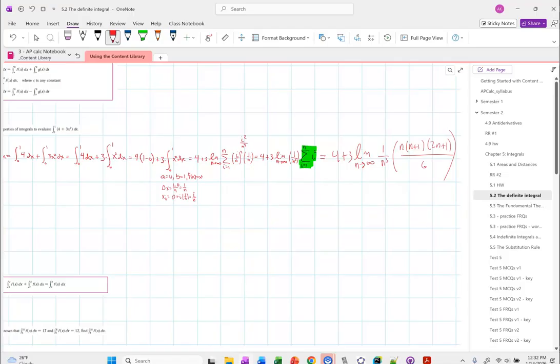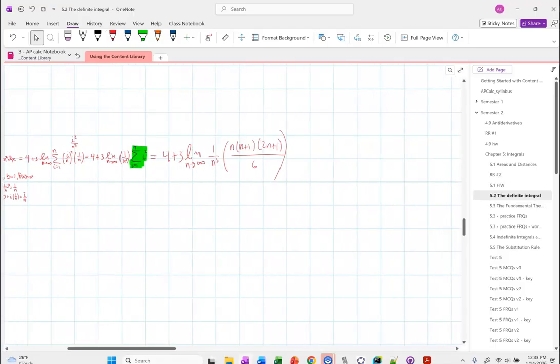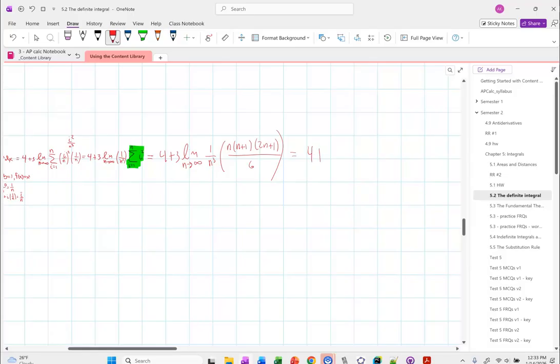If the degrees are equal, what do I look at? Leading coefficient over leading coefficient. What's the leading coefficient in the numerator? 2. Does everybody see it? So I have 1n times 1n times 2n. In the denominator, what's the leading coefficient? 6. So the answer is 5.